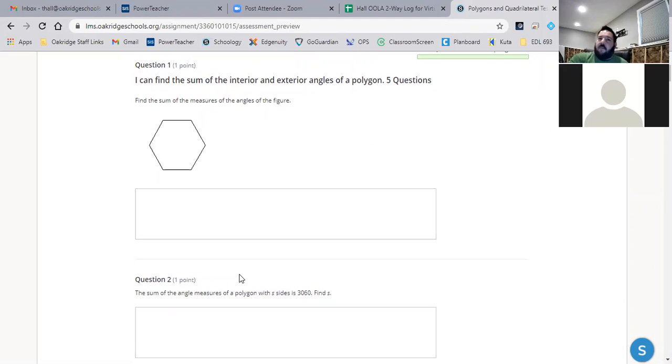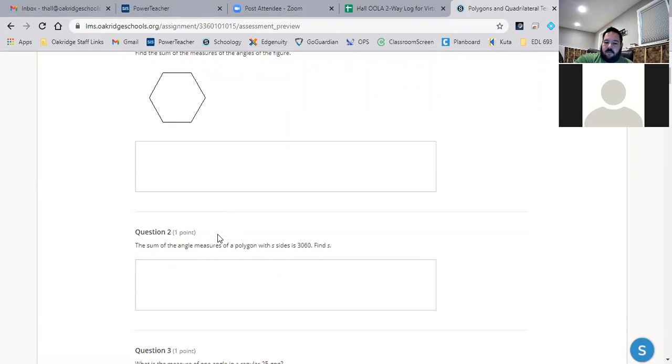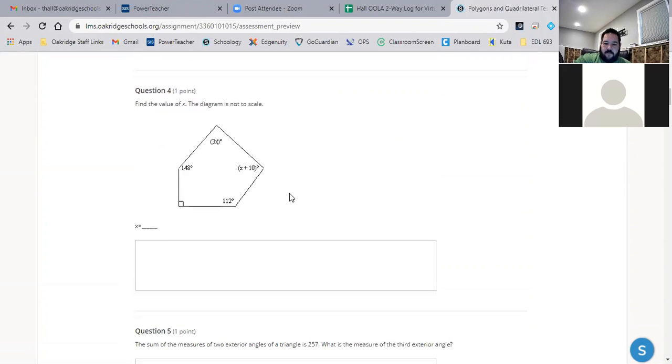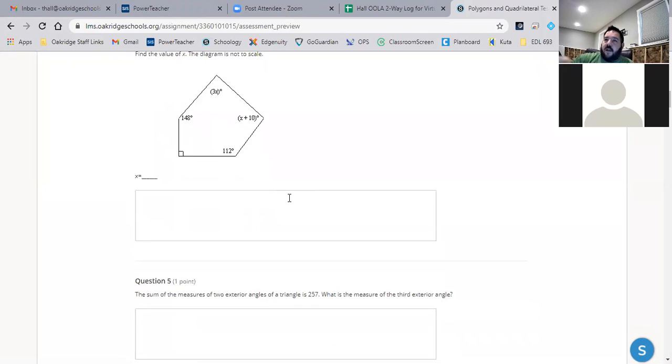Your actual test will probably be more multiple choice than short answer, where these are all short answer questions. So we talked about finding the sum of interior and exterior angles. Remember, the sum of the exterior angles is always going to add up to 360 degrees.